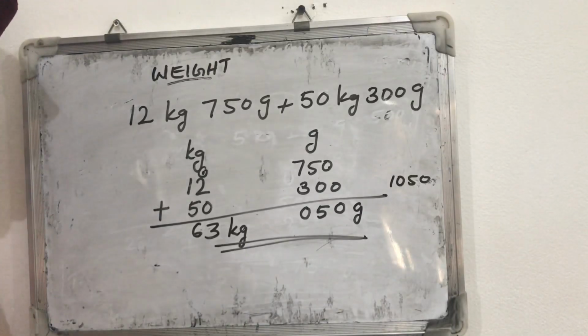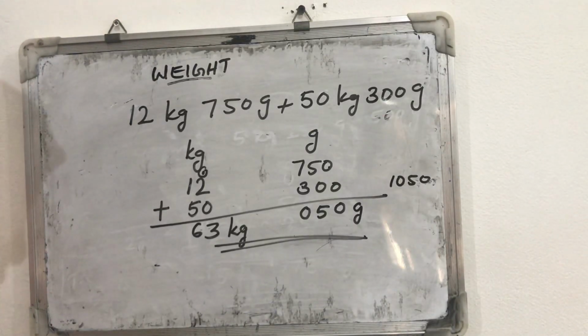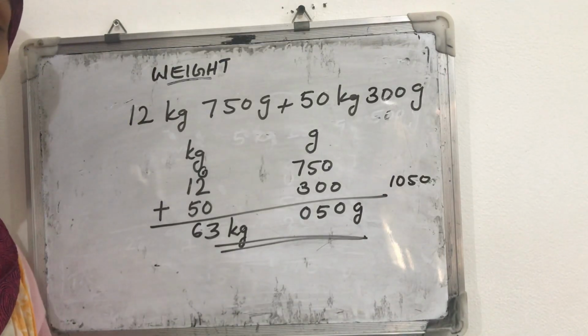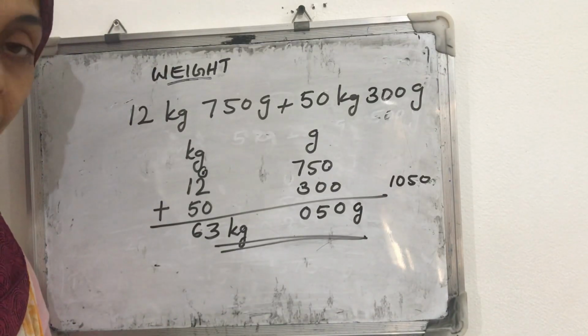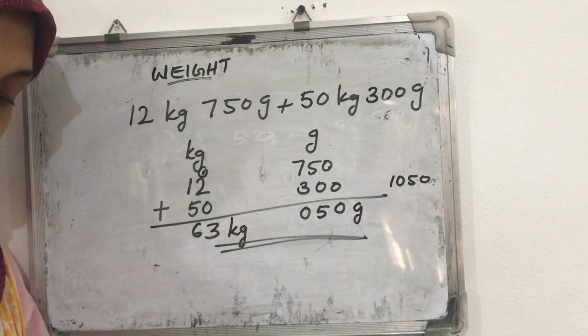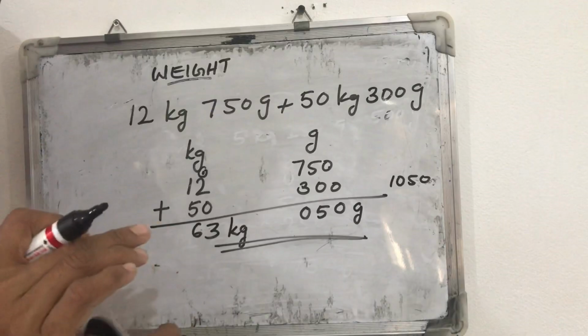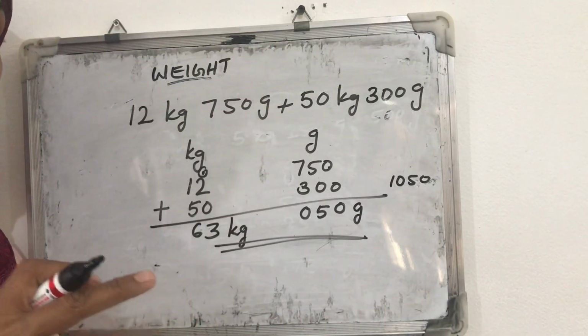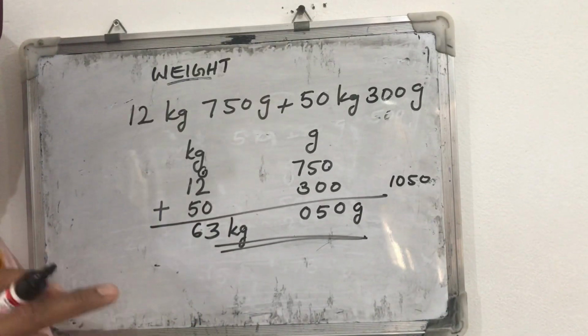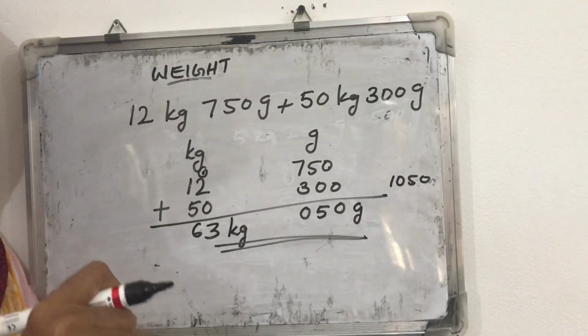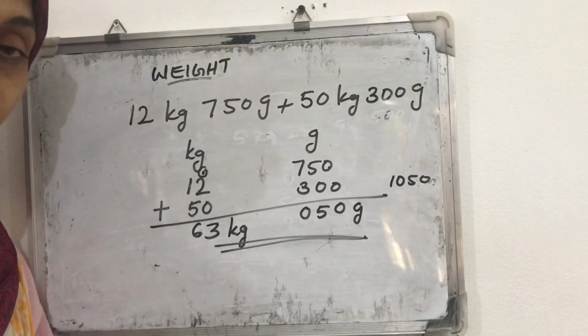This way we can add any two or more weights. So we want to know that the standard unit of measuring weight is kilogram, and for measuring smaller weight we use grams, and 1000 grams make 1 kilogram. That all of you must learn by heart. How many grams make 1 kilogram? 1000 grams.